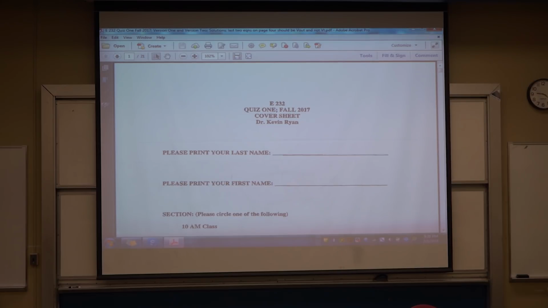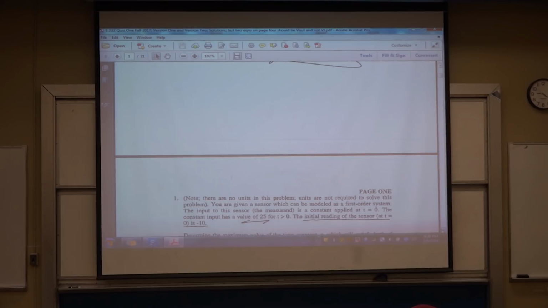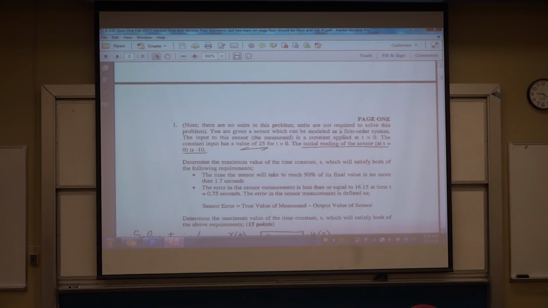So let's begin. And problem 1. Okay, let's just kind of read it together first before we look at the solution. And let's see if we can make sense of it. All right? So it says you're given a sensor which can be modeled as a first-order system.